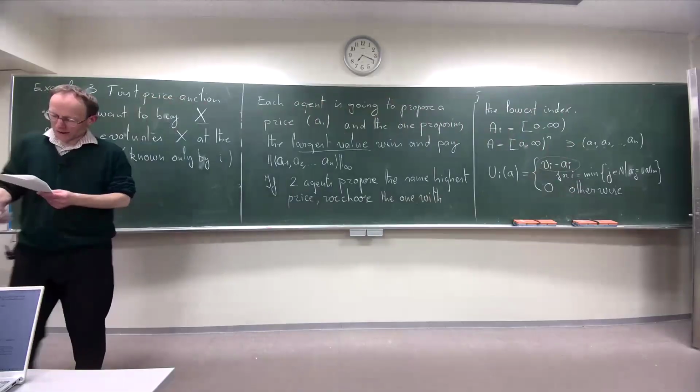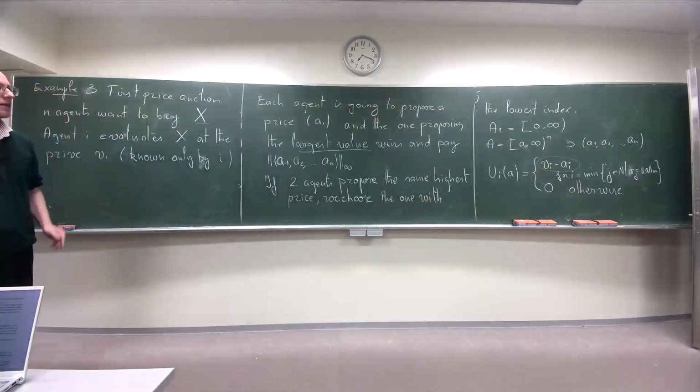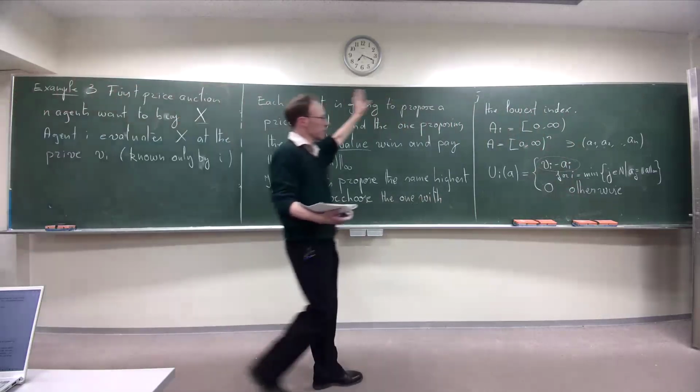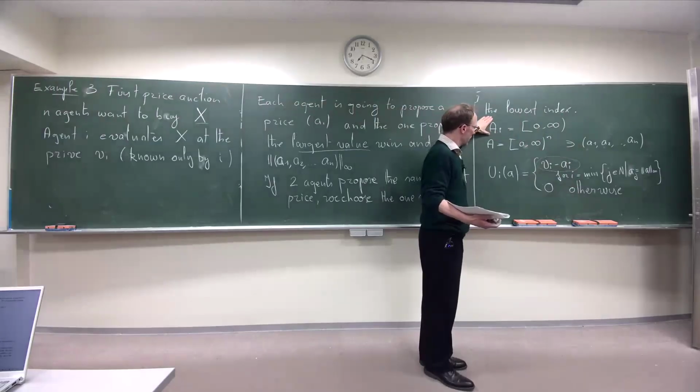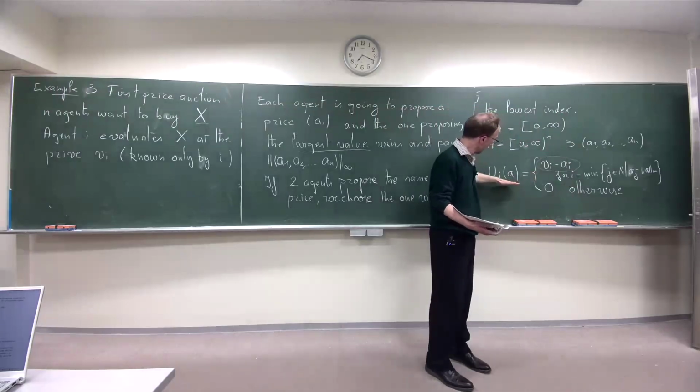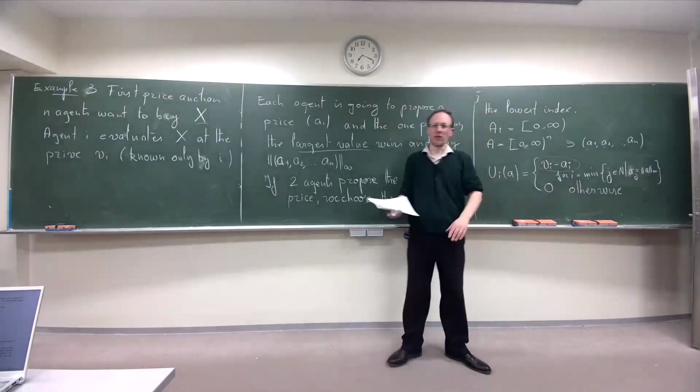There is one more example in the notes, which is quite similar. But I wanted to spend a few minutes on these 3 examples because we have defined what is a set of strategies for all agents, then what is a set of profiles of strategies, and then we have seen 3 utility functions.